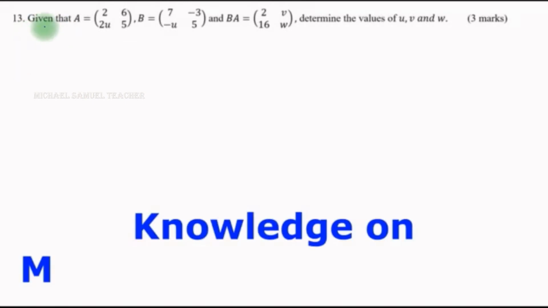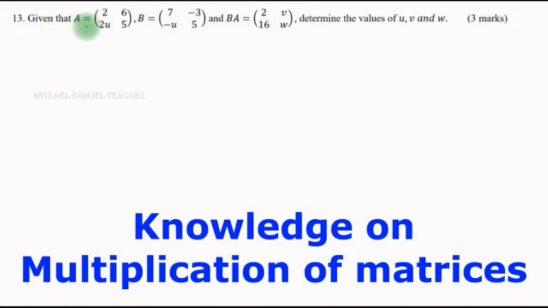Question 13. Given that matrix A is 2, 6, 2u, 5, B is 7, minus 3, minus u, 5, and BA is 2, v, 16, w, determine the values of u, v, and w.